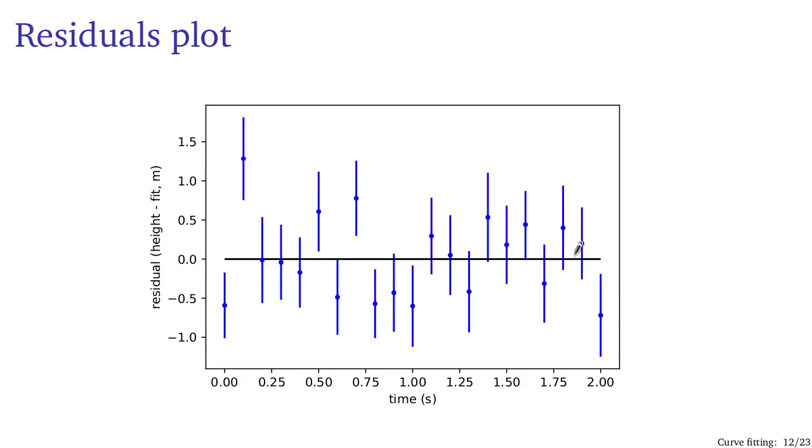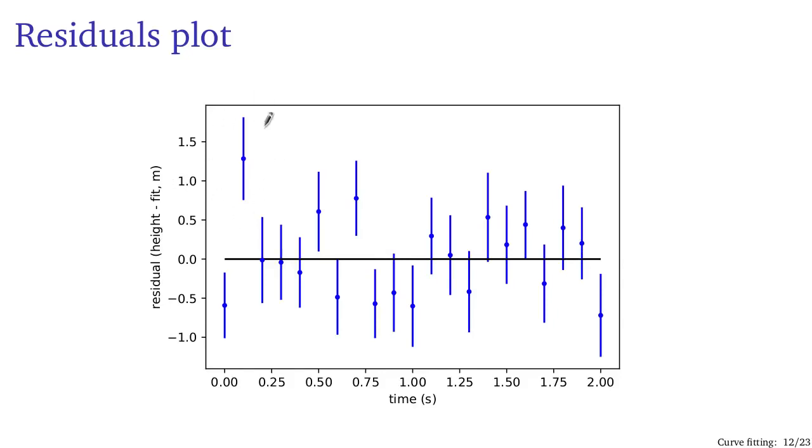But most of the points do. This guy, this guy, this guy, they're all fine. They all have uncertainties that put them within one uncertainty of 0 residual, meaning less than one uncertainty from the fit result. The error bar goes through the line. The residuals plot, in some sense, flattens out the fit result to be at y equals 0. It's the height observed minus the height fit.